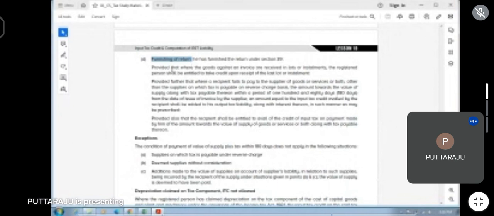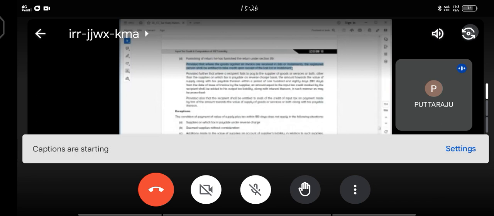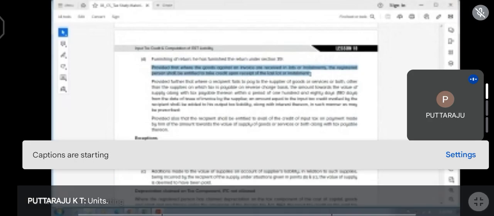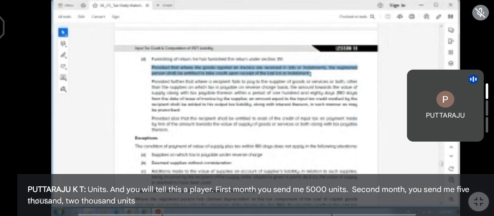First one, if you have received the goods in lots, that means you have made a purchase order for 10,000 units and you tell the supplier, first month you send me 5,000 units, second month you send me 2,000 units, and in third month you send me the balance 3,000 units.